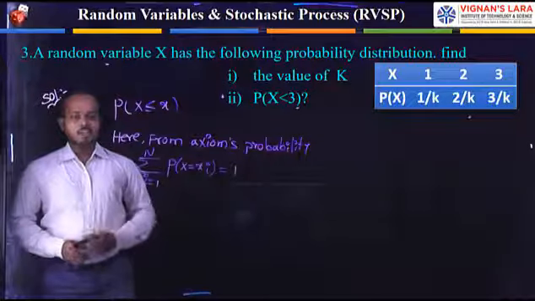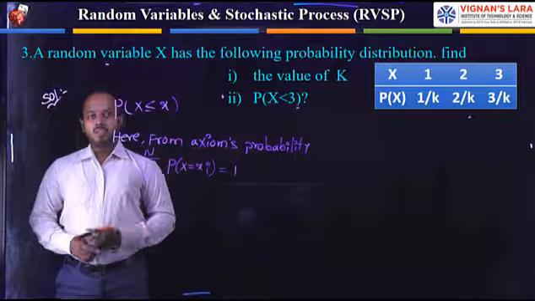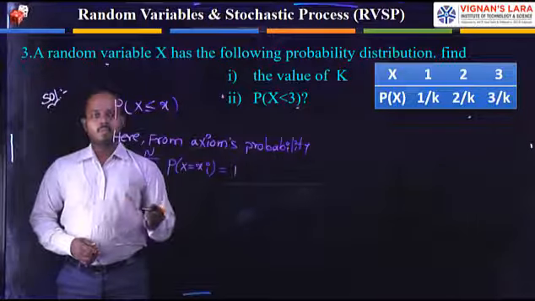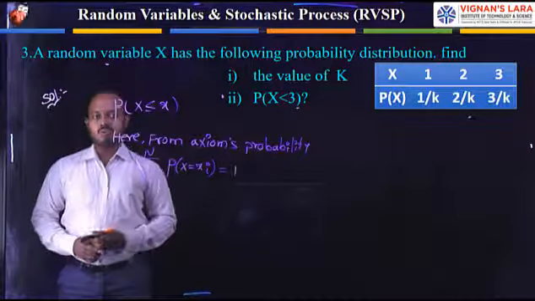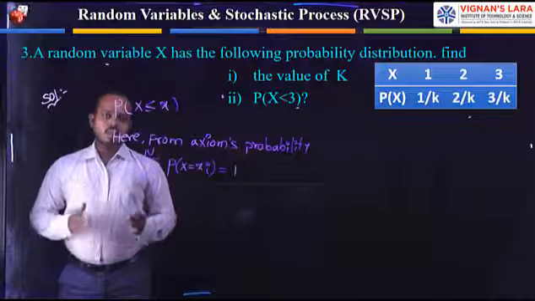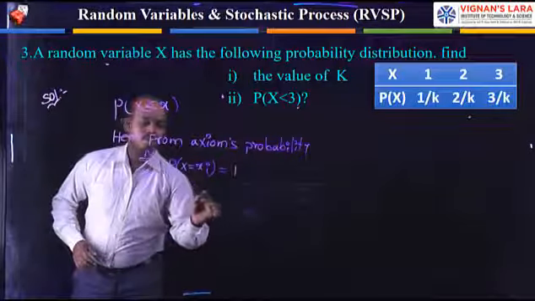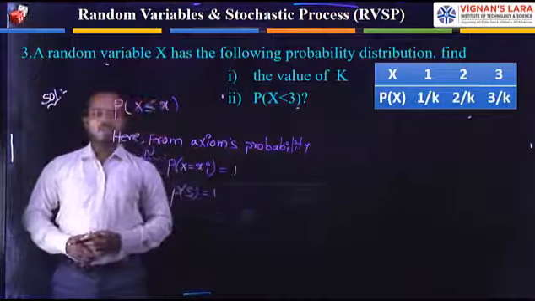From this axiom, we are simply saying that the summation over all possible outcomes is equal to 1. We are simply representing the sample space probability. That means P of S is equal to 1.